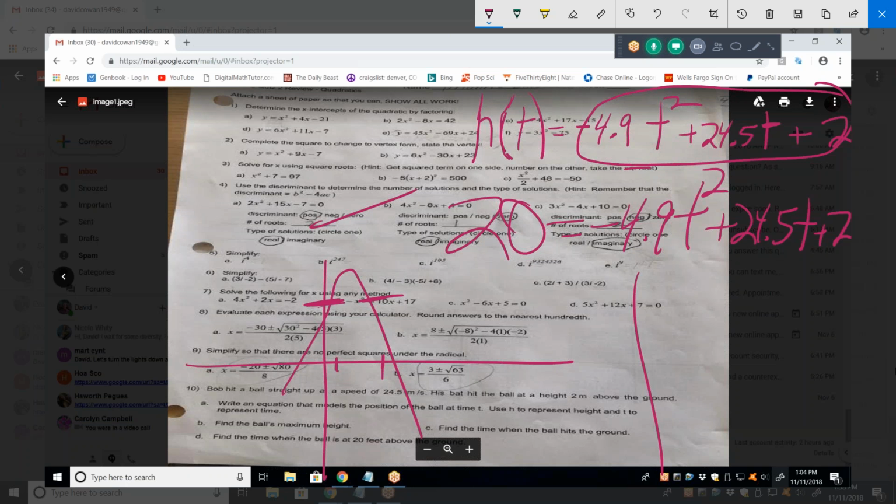Now, in actuality, because we're going straight up and straight down, it goes like this, but there's still two places where it's 20 feet, right? It's on the way up and on the way down, assuming the maximum height is above 20. I think we proved that. Then there's going to be two answers for when it's at 20 feet.